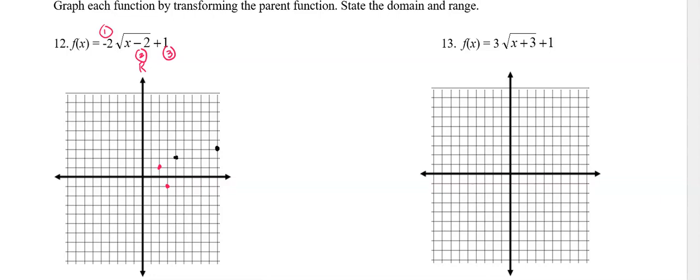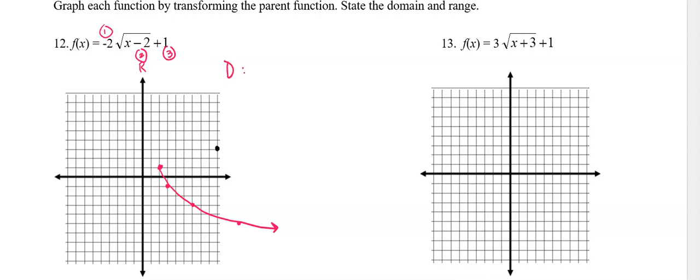Okay, (4, 2), after multiplying by -2, becomes (4, -4), and then right 2, up 1. That one's done. (9, 3) becomes (9, -6). Right 2, up 1. And those red dots will be connected, and that will be my graph.